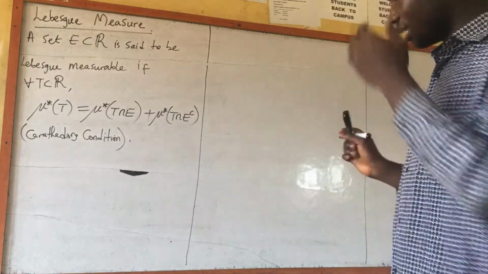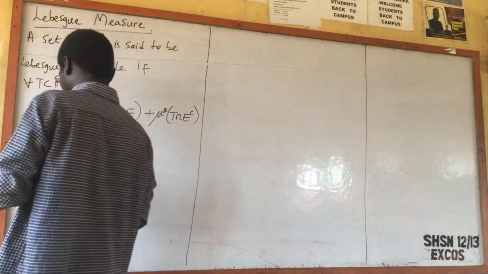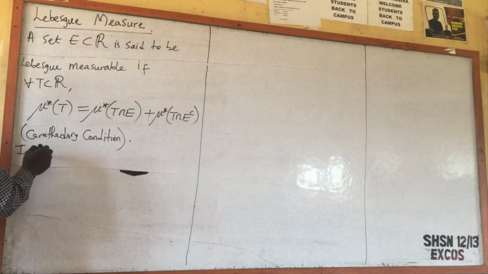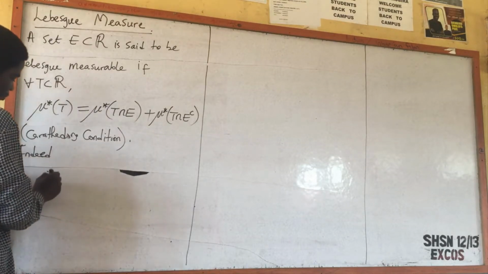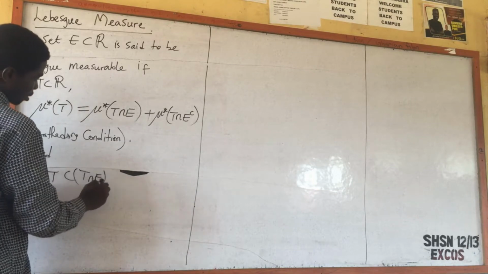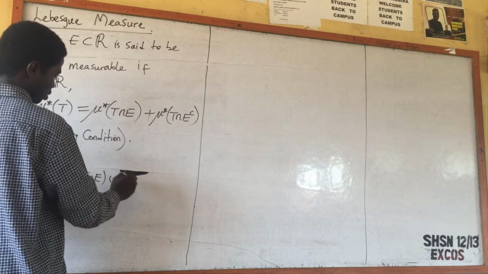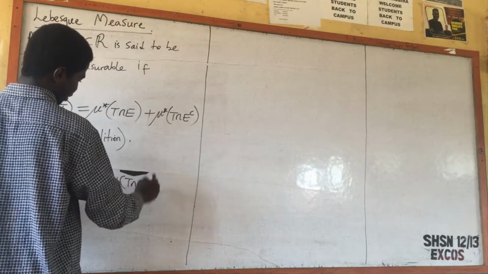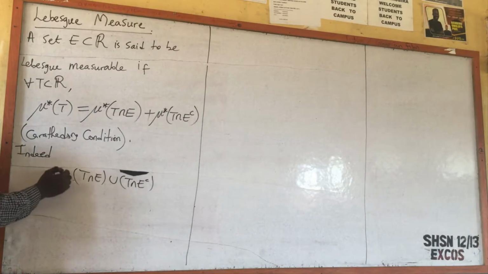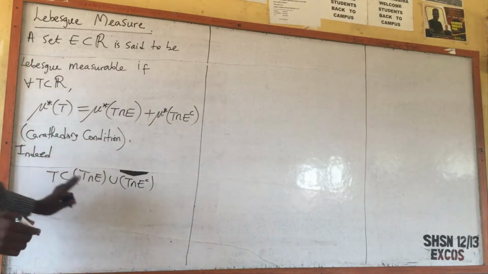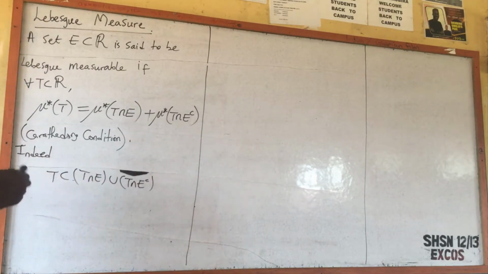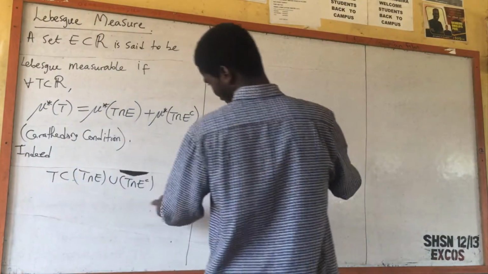After defining this Caratheodory condition, let's do something. T is actually inside T intersection E union T intersection E complement. It's a subset of it, and this is very easy to check.